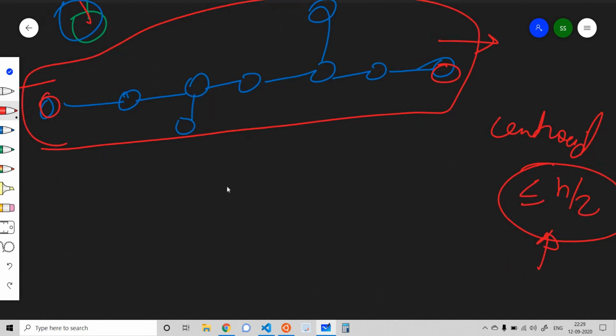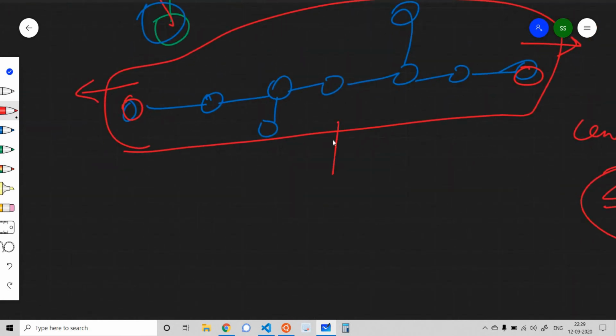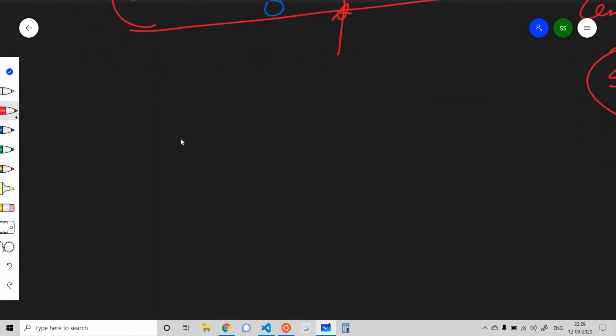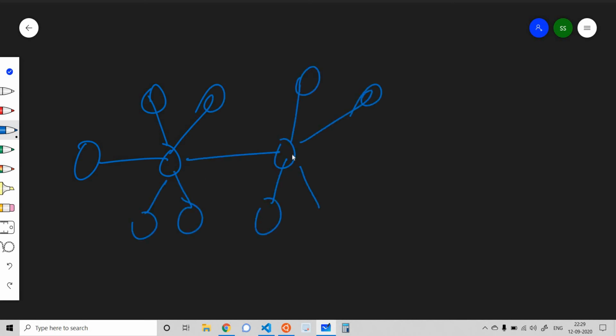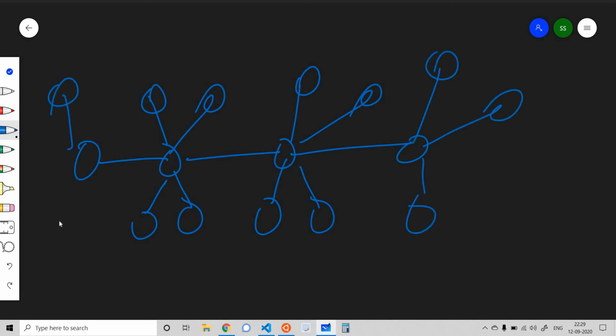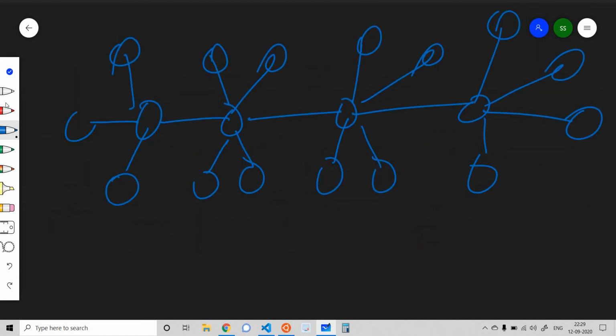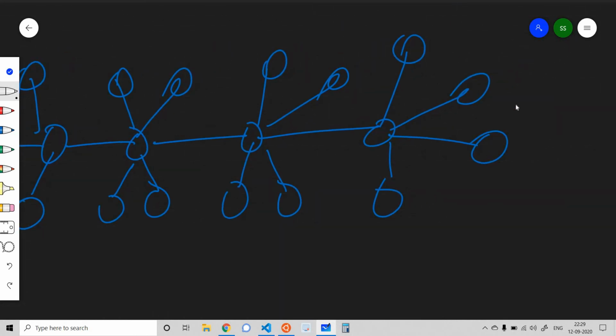So yes, let's see that now. If we have stretched our tree in this format, it would be looking something like this. So this is the first starting point when we are going from left to right, and this is the last point.